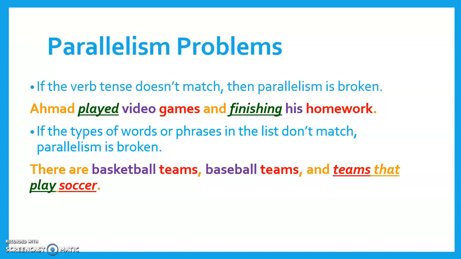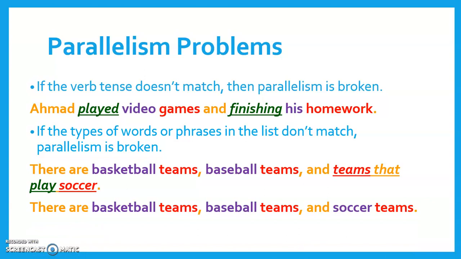It's got a noun, verb, noun kind of thing going on. So in order to make it parallel, we have to rewrite it, and one way to do that is this way, so that all the items in the list match up in structure. There are basketball teams, baseball teams, and soccer teams. So now they're all in the adjective-noun structure.